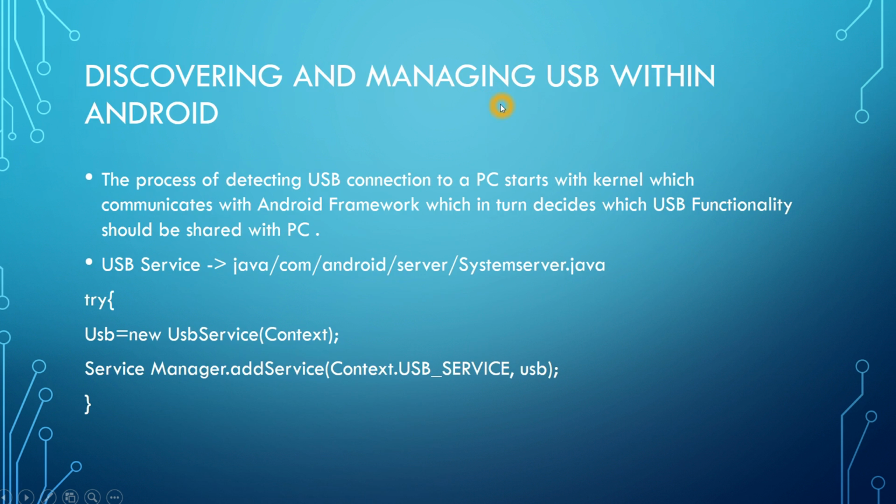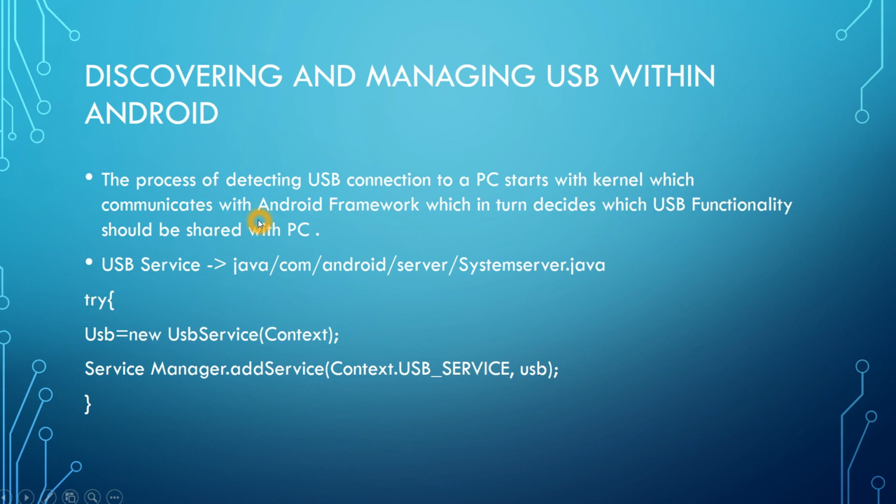Next, we'll see how to discover USB within Android. So when Android device is connected to a PC via USB port, the USB functions like ADB, mass storage, all of them are enabled within the USB framework. So once you connect your device to your PC, all these functionalities will be enabled. The process of detecting USB connection to a PC starts with kernel, because kernel is the one who will detect that the USB is connected.